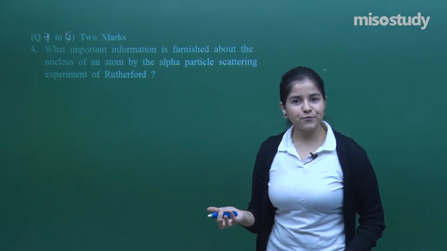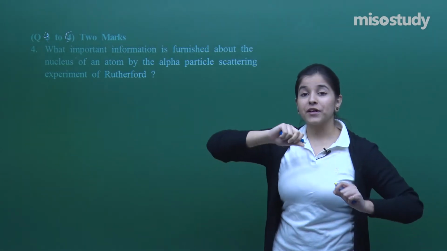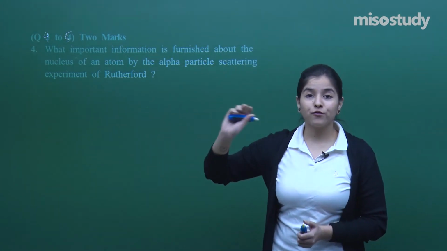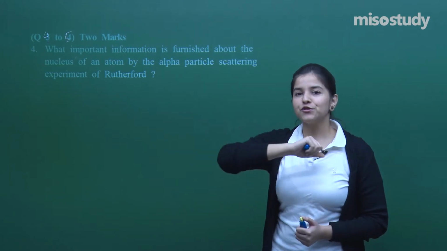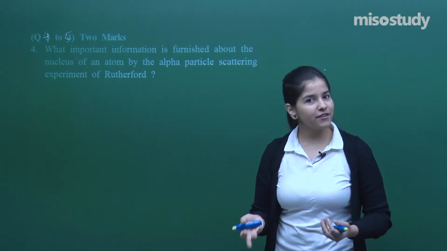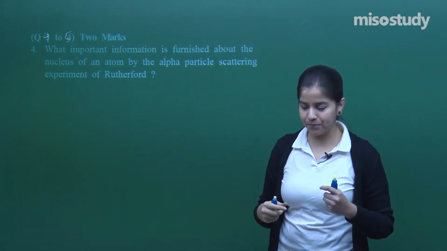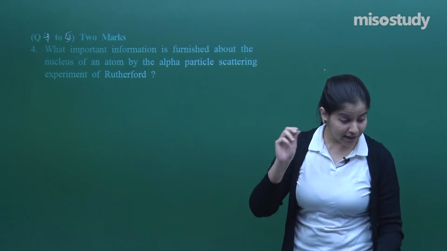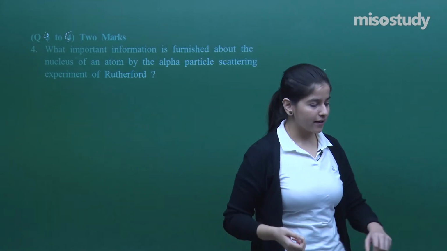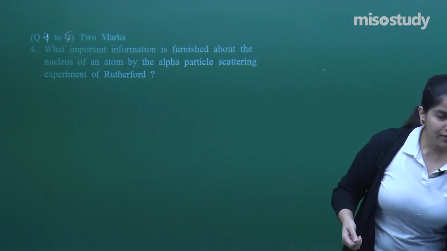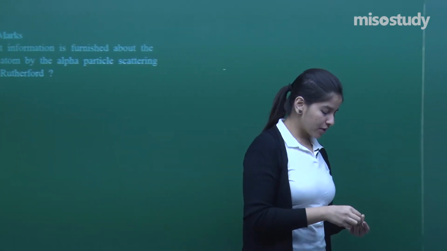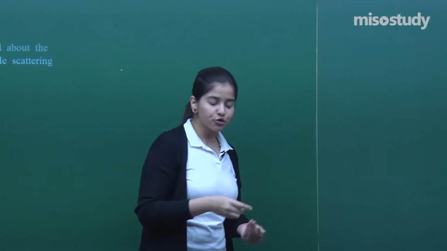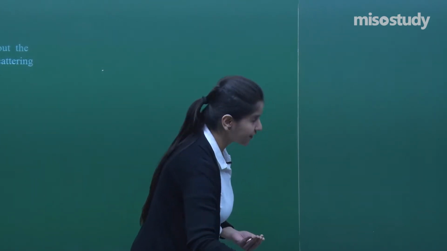So it's the gold foil experiment. Alpha particles were bombarded onto the gold foil, and due to that bombardment, let us observe what he inferred. Can you shift the camera slightly here, because I need to show the gold foil experiment.